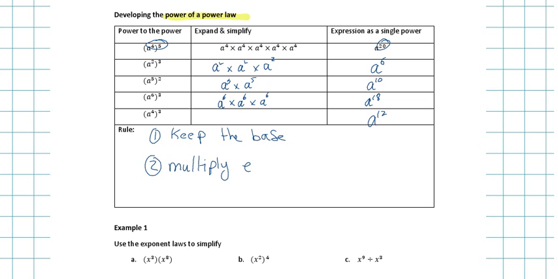So if I have a to the power of m, to the power of n, that will be a^(m times n). Are we good with that? Well, that's the formula. Are we okay with that?